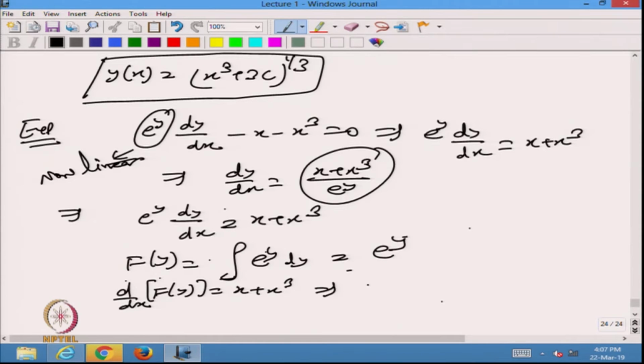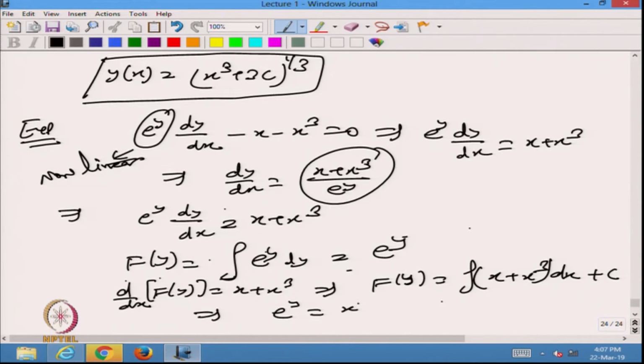So, from here I can take the integration on both sides, and then my F of y will be the integration of x plus x cube with respect to x plus c constant. So, from here my F of y I know is e to the y. So, it can be written as x square by 2 plus x power 4 by 4 plus c.